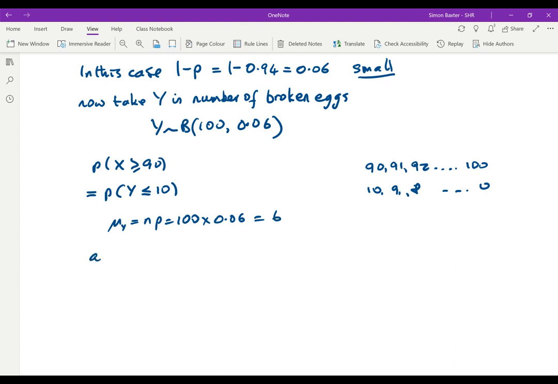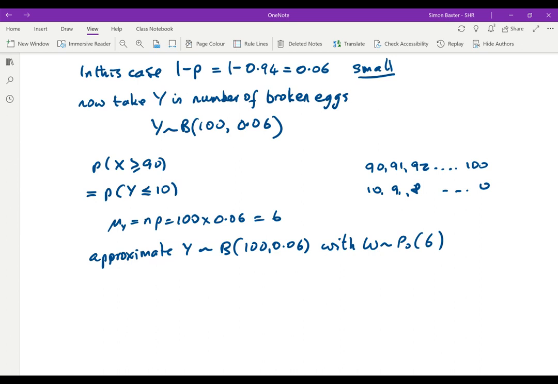So let's approximate y ~ B(100, 0.06) with another letter, w ~ Po(6). So we're approximating our binomial distribution with n is 100, which is large, and the probability 0.06, which is small, with a Poisson distribution with the same mean.